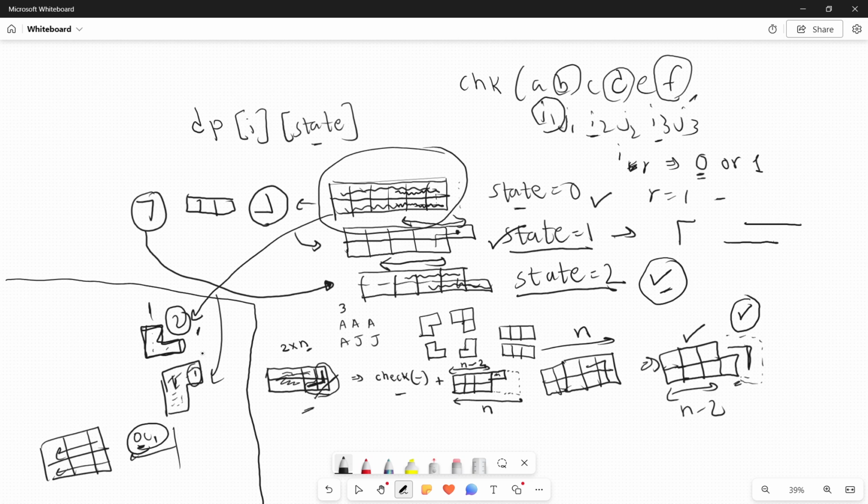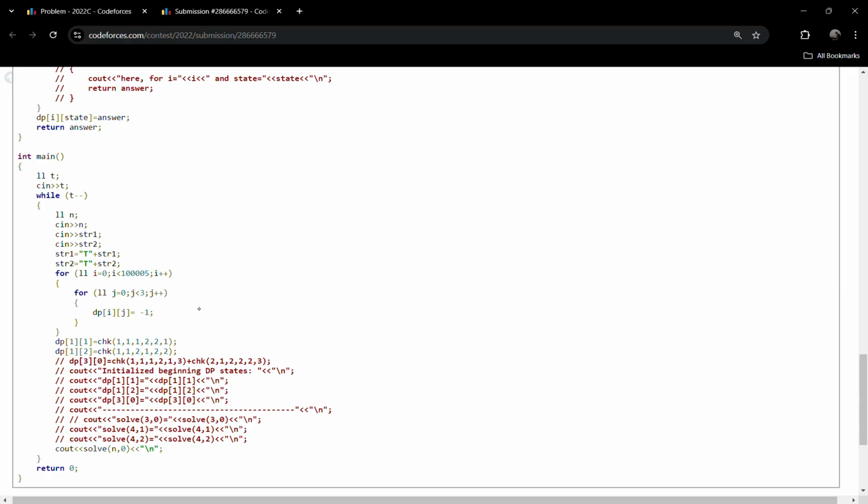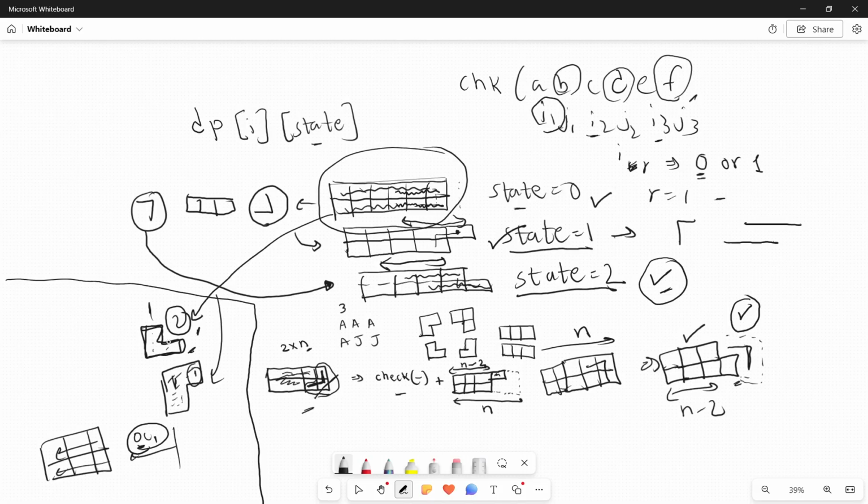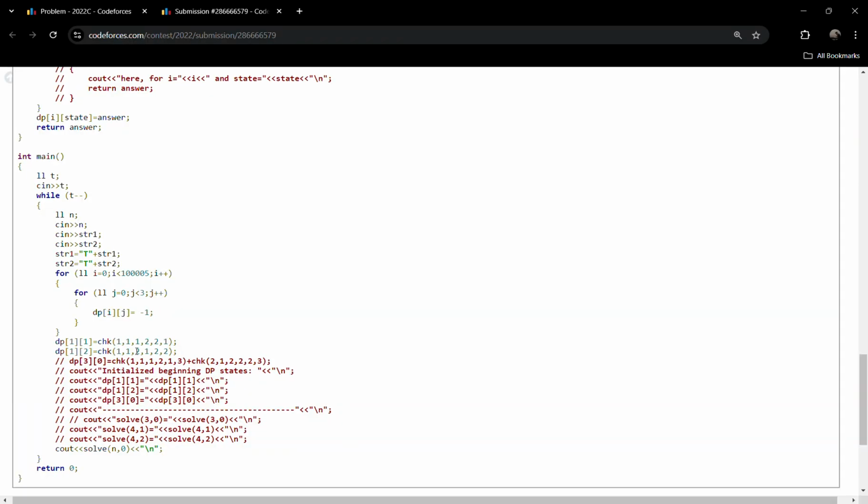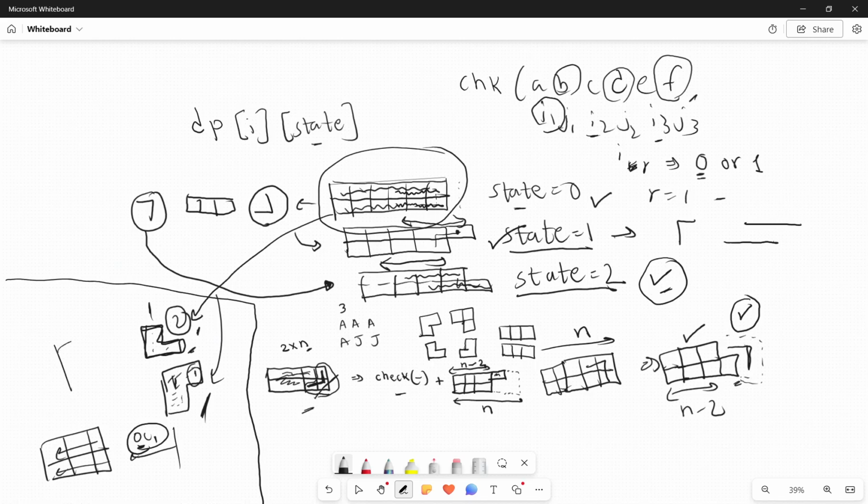So initialize base cases. dp of 1 comma 1 corresponds to this. So that's why it is labeled as check of 1 comma 1, 1 comma 2, 2 comma 1. Means this is 1 comma 1, 1 comma 2, 2 comma 1, and 2 comma 2.